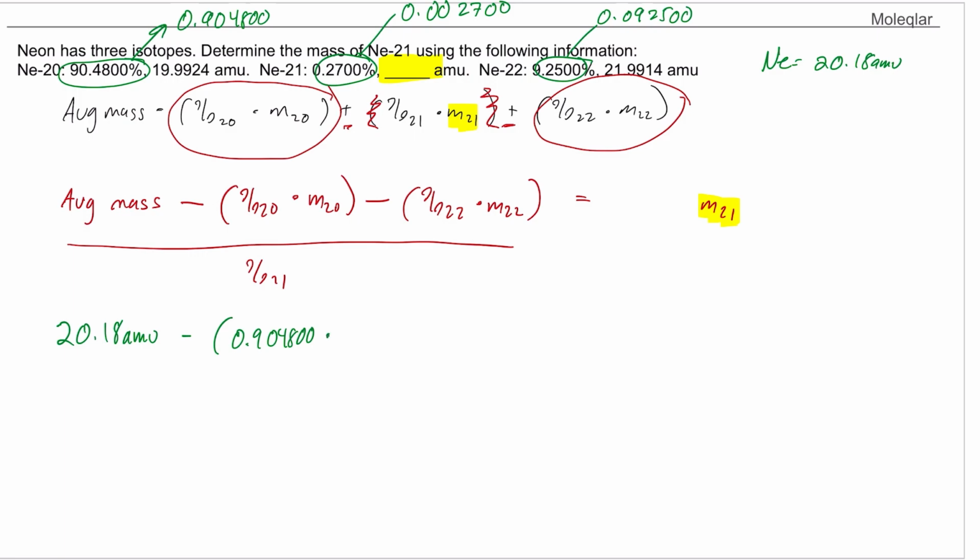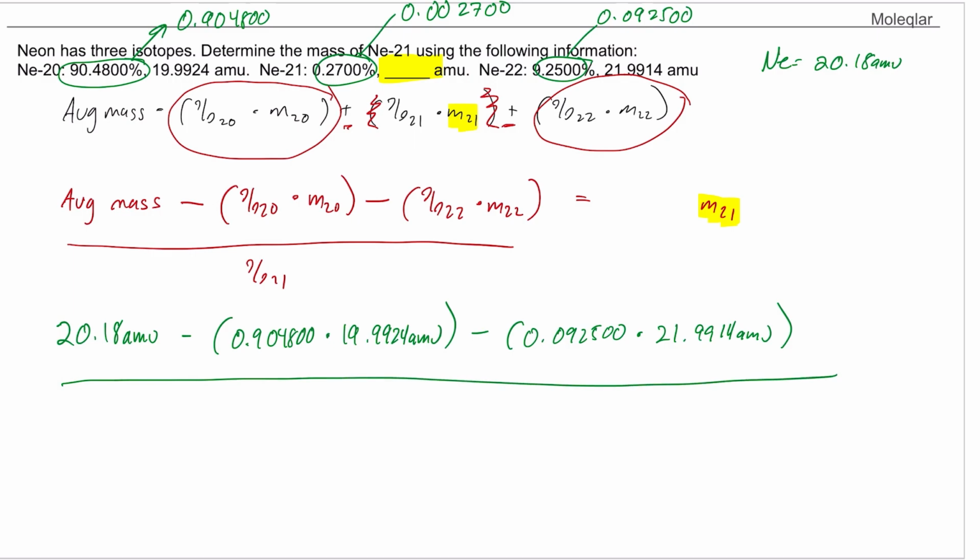And then our mass of that 20 is 19.9924 AMU. Alrighty. Next, our percentage of 22 is 0.092500 times the mass of 22, which will be 21.9914 AMU. Alrighty. And then we divide this whole thing by the percentage of 21, which we found out to be 0.002700.